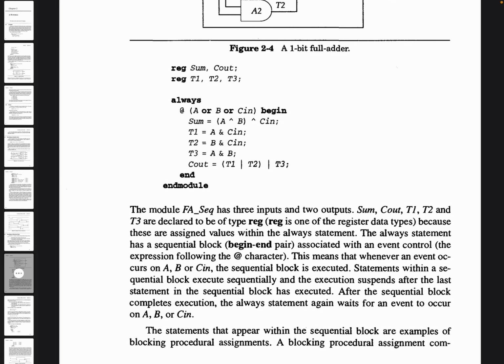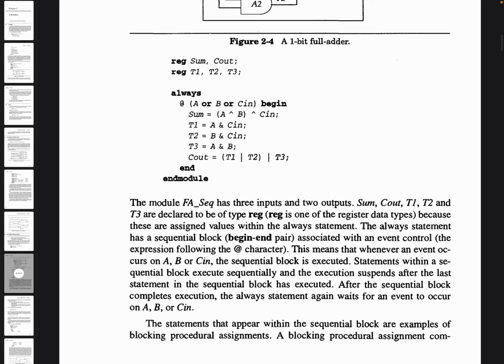Then we have used an always block. An always block starts with an at the rate operator. In case it's A or B or C in, that's a condition, and we begin it. So here you can see the syntax, and according to this, the program is executed.